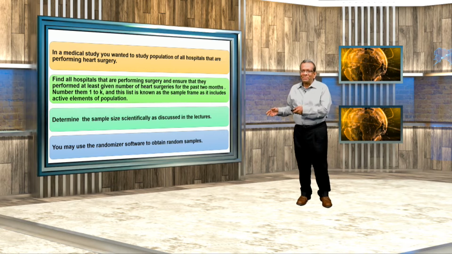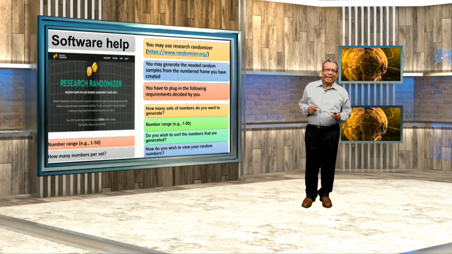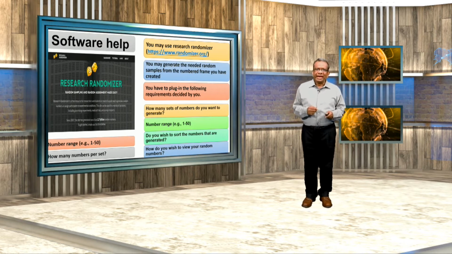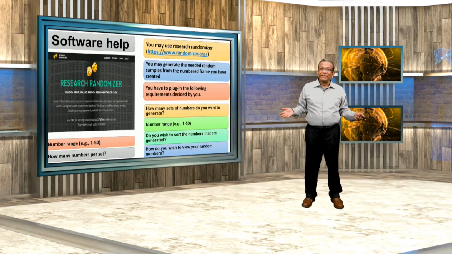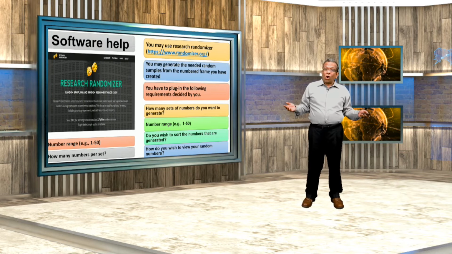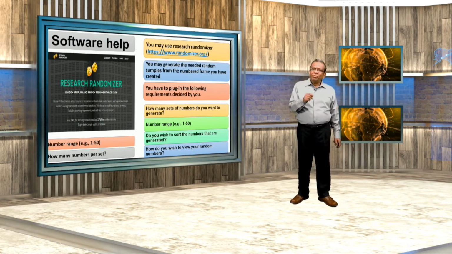obtain random samples. Now, let me give you an understanding of research randomizer software. You can always generate the samples which are random. Now, you may generate the needed random samples from the numbered frame you have created.